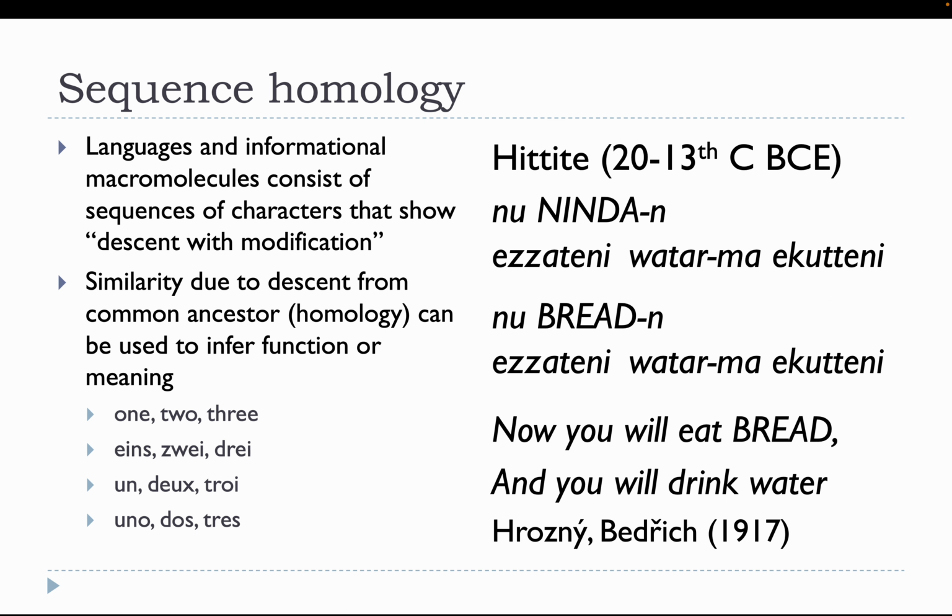A Czech guy, Bedřich Hrozný, looked at some cuneiform writing that said Nu Ninda, and I won't read the rest out, wa-ta-ma e-ku-ti-ni, and Nu Bredna. Now, this Ninda was a bit like an emoji. It was an ideogram borrowed from the Sumerian language, and he said, oh, that means bread. It's like a picture of a loaf of bread, if you like. So he could see it said Nu bread something wata ma ekutini.